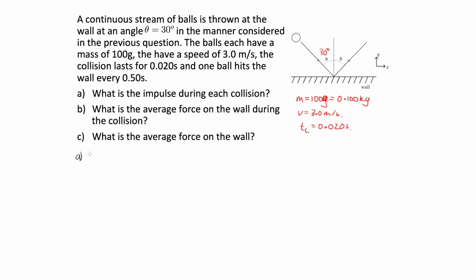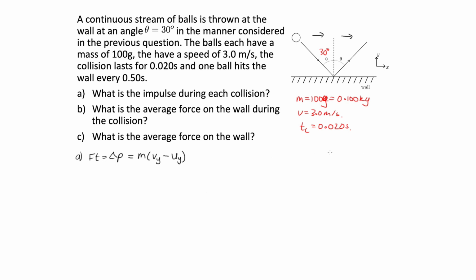So we've got that the impulse, force times time, is equal to the change in momentum. As we were discussing last time, the x direction doesn't change. It's only the y direction that changes. So the change in momentum is equal to the mass times the final velocity in the y direction minus the initial velocity in the y direction.